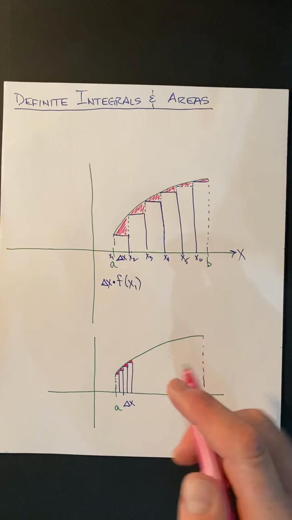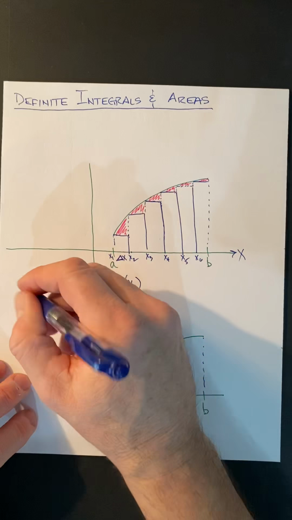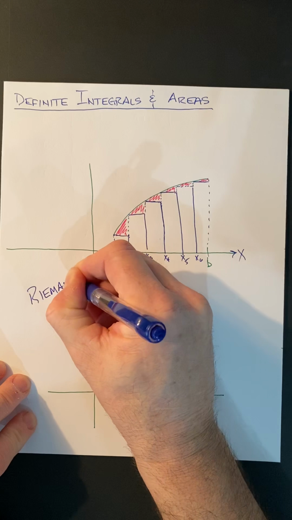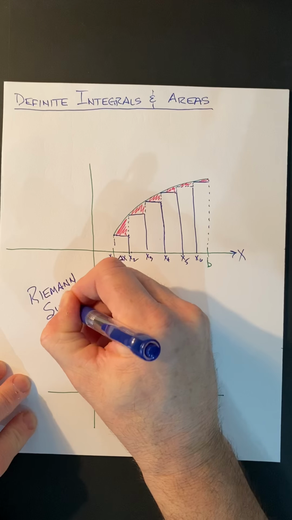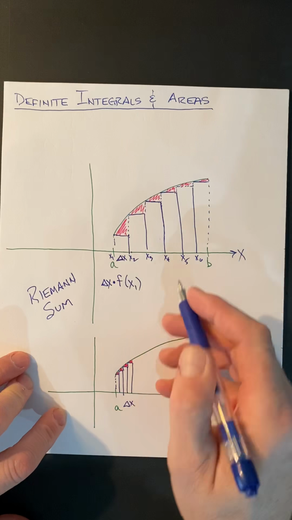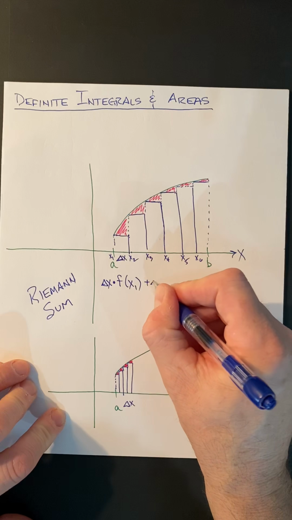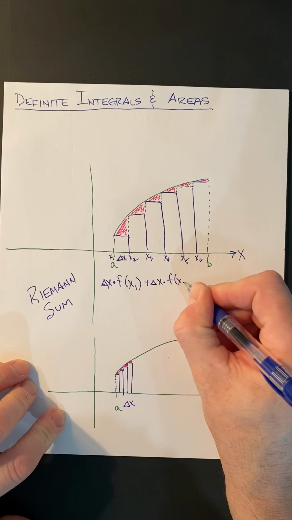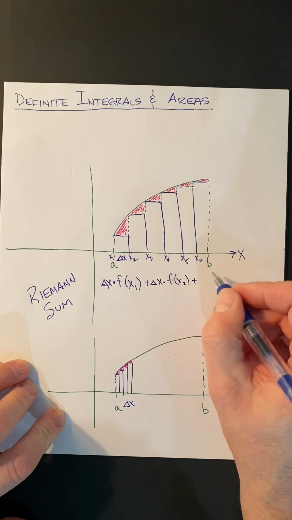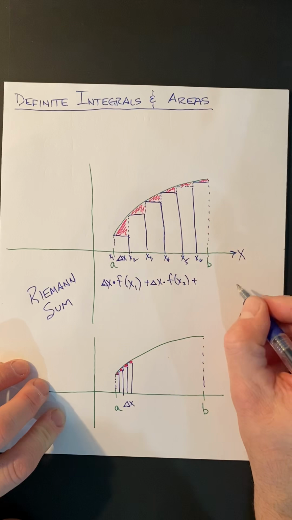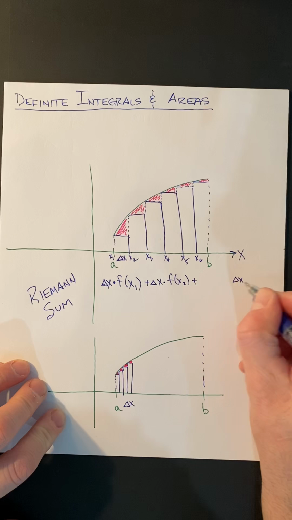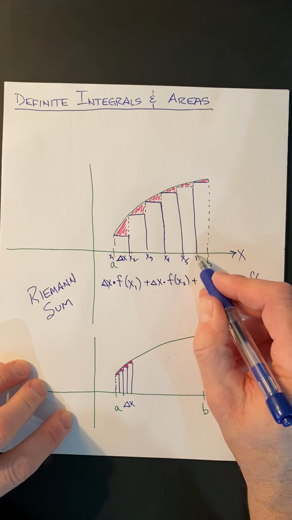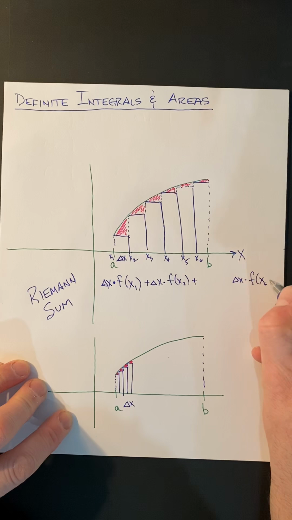Well, this here is known as a Riemann sum, okay? When I add up all of these particular rectangles, I would do this all the way up to, in this case, the change in x times f of x to the 6th, right?